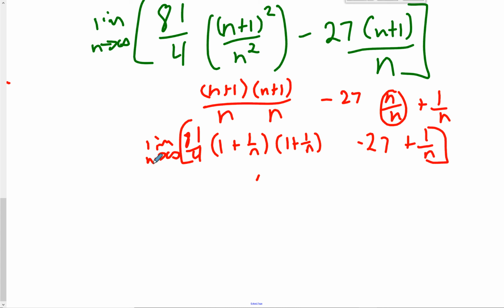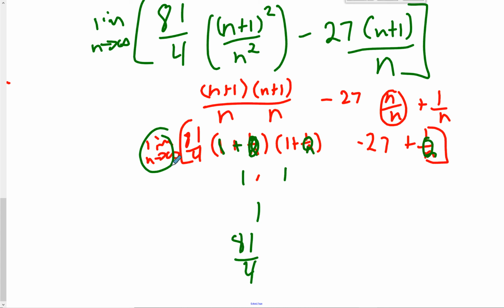But as I put bigger and bigger n into these, they are all going to go to 0. So this will go to 0, this will go to 0, this will go to 0 as I take the limit. Remember the limit rules, when I take the limit of a constant, it just stays a constant. So this will be 1 plus 0 is 1, 1 plus 0 is 1, 1 times 1 is just 1, 1 times 81 over 4 is just 81 over 4.